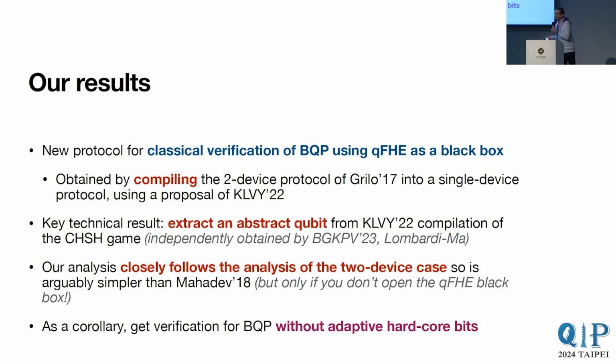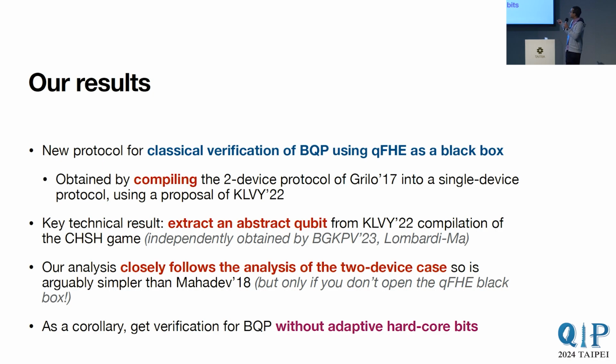Okay, I'm really regretting the animations here, but so okay, what did we achieve in this paper? In this work, we try to give answers or progress on both questions. On the first question of whether you can conceptually unify the 2-device and 1-device worlds, we give a new protocol in the 1-device world that's built out of a 2-device protocol by applying a kind of black box transformation to it.